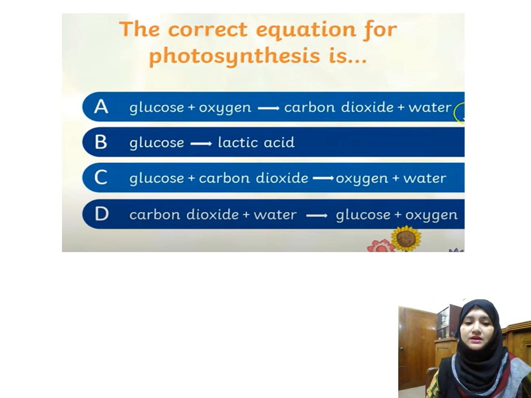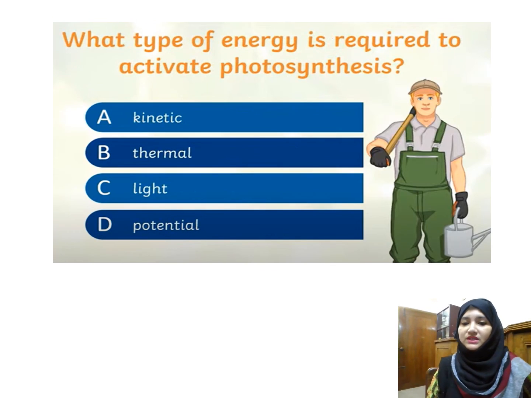This is the right answer. What type of energy is required to activate photosynthesis? Very good question and easy also. I think all of you can answer this question. A, kinetic energy, B, thermal energy, C, light energy, and D, potential. The correct answer is light energy.